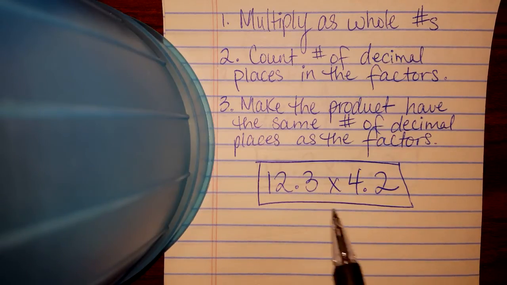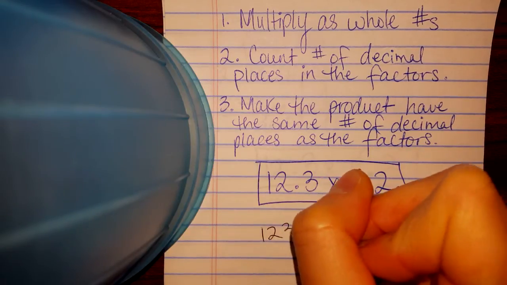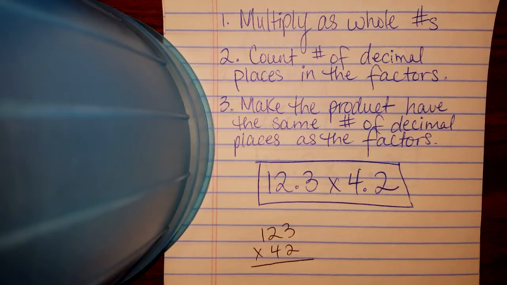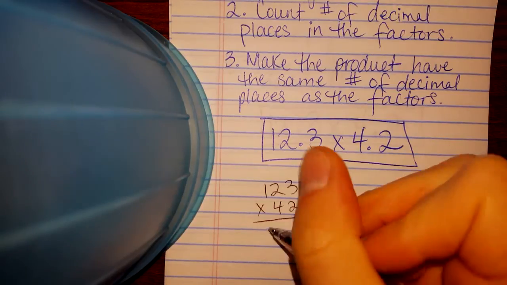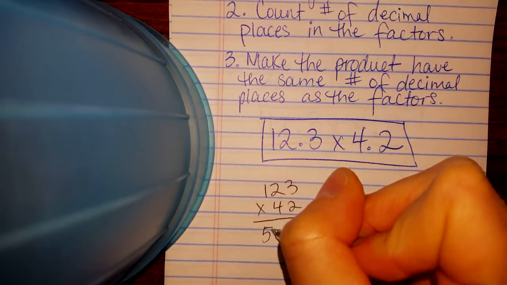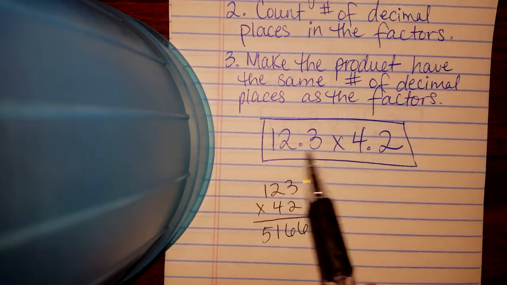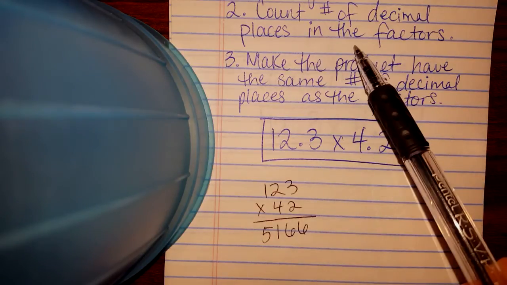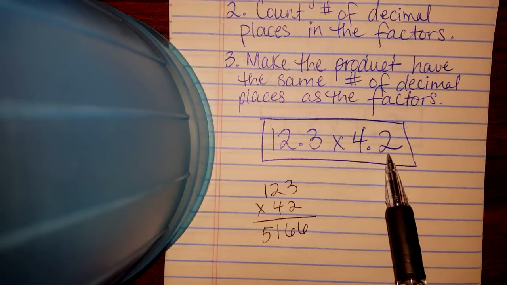We're taking the exact same problem, multiplying these as whole numbers. 123 times 42. I'm going to skip over the multiplication part since we already did that in the last example, and we ended up getting 5,166. But that's not the right answer because, again, I multiplied whole numbers, not decimals. So I'm going to count the number of decimal places in the factors. This factor has 1 digit as a decimal.